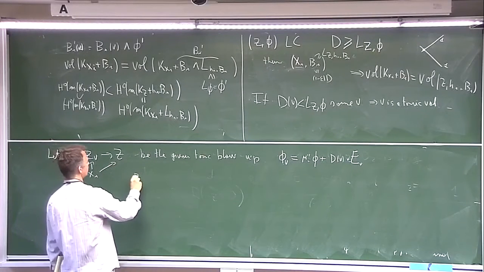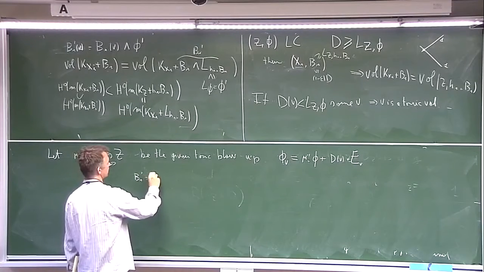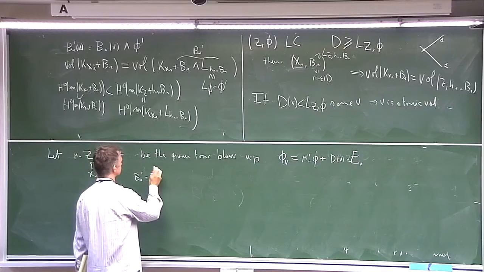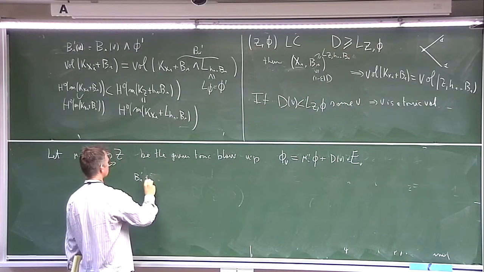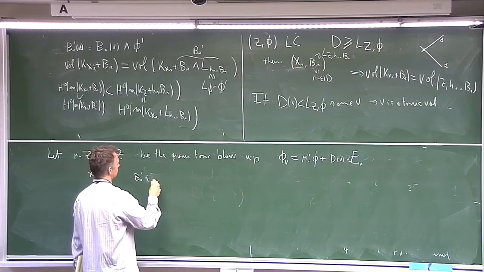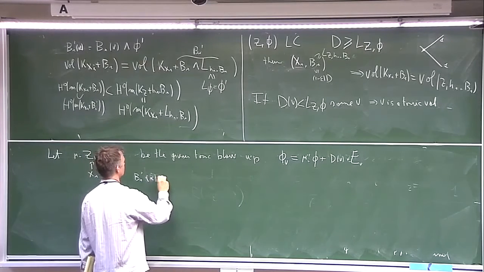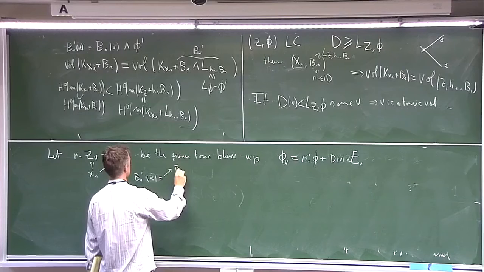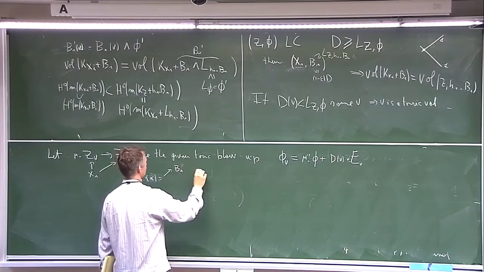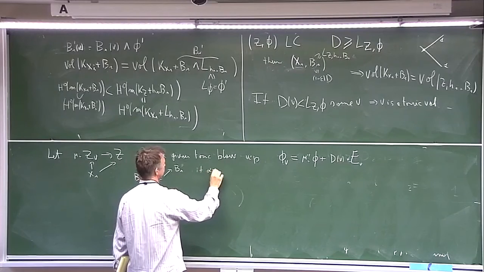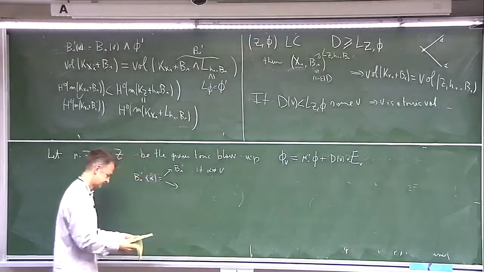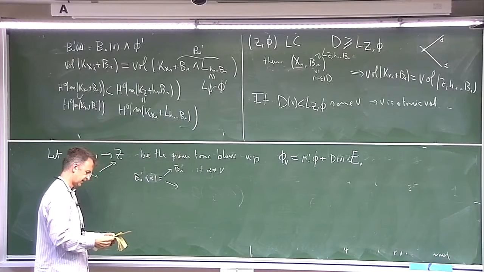So you replace the bi, bi prime will be, so the multiplicity of bi prime along a valuation, I don't know, alpha will be the same thing, bi, if alpha is different from nu, but it will be, do I just want to take D?